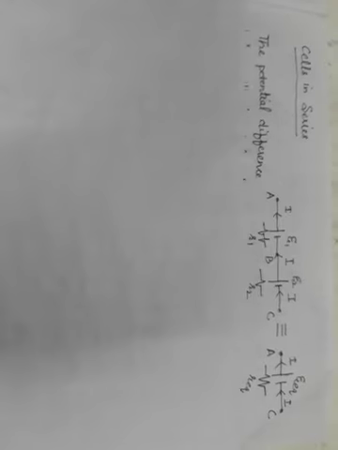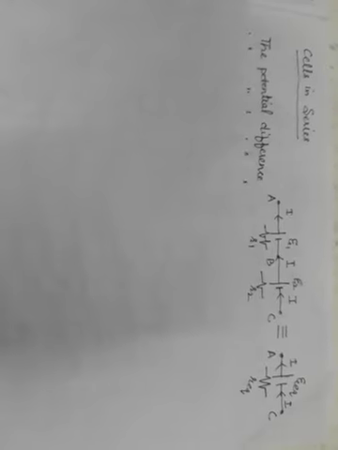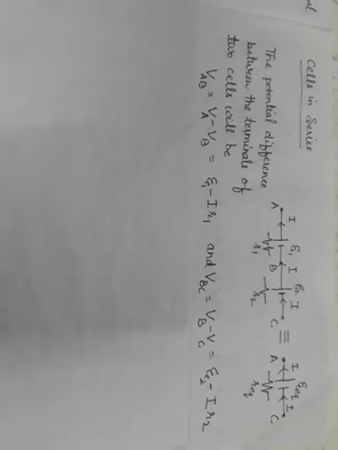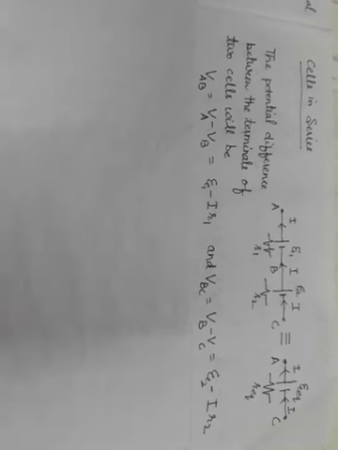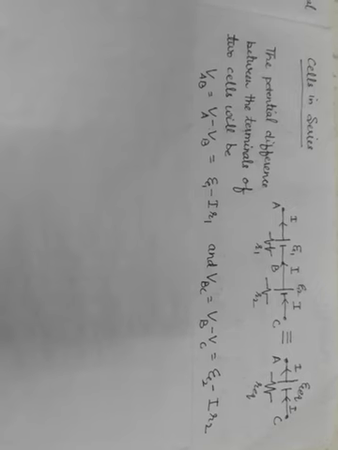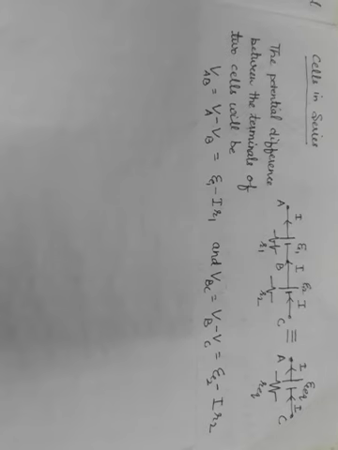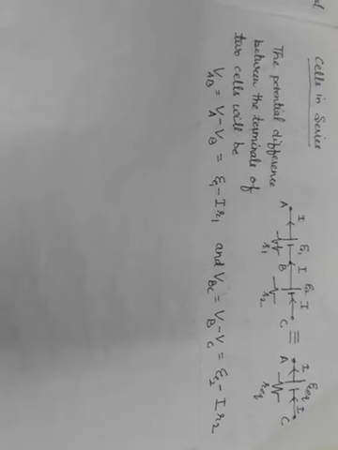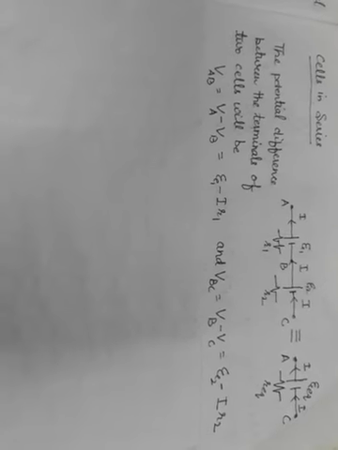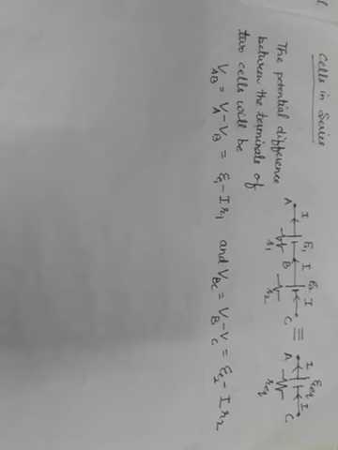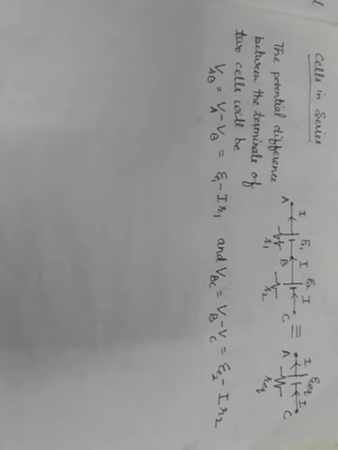If I want to have an equivalent EMF and equivalent resistance for this combination of cells, the procedure is very simple. I take 3 points A, B and C. So the potential difference across cell 1 having EMF E1 will be equal to VA minus VB, and just now we have studied that the potential difference is equal to EMF minus the product of the current flowing through the cell and its internal resistance.